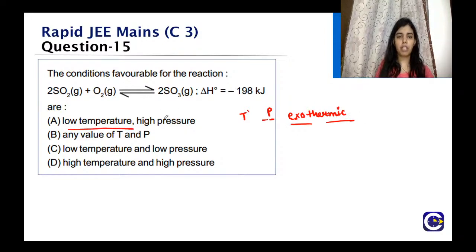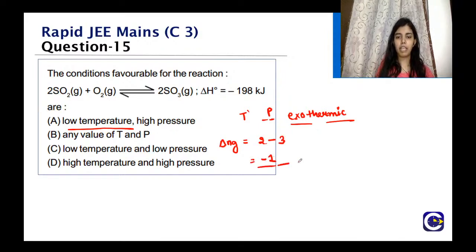So the temperature should be low. What about the pressure here? First you will calculate the change in number of moles of gaseous species. It will be 2 minus 2 plus 1, that is 3, which comes out to be minus 1.